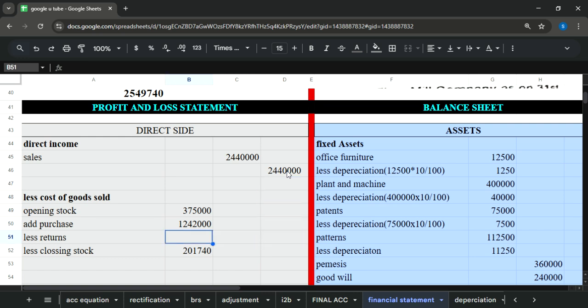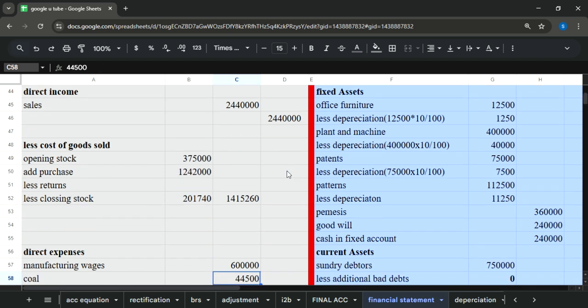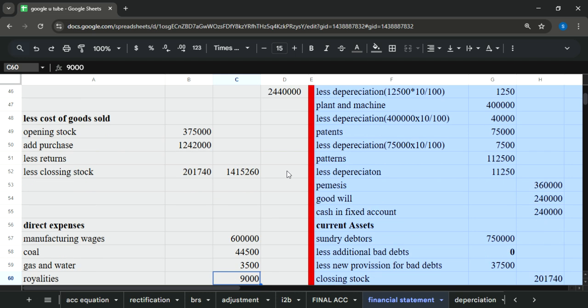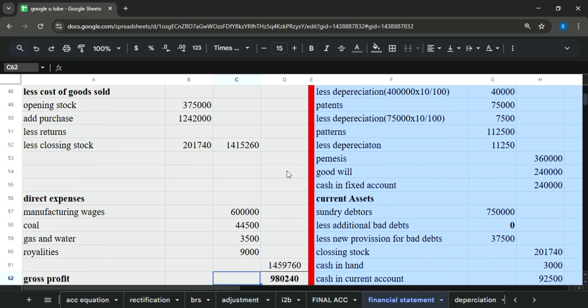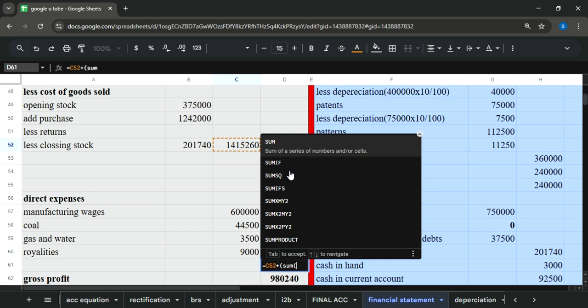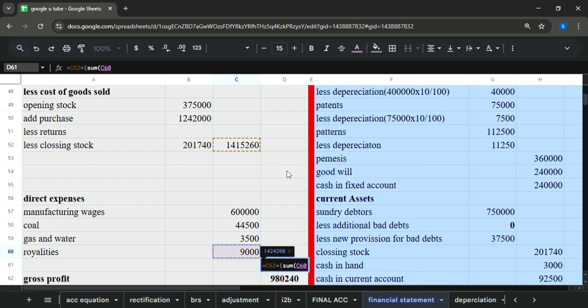sales. Now we will be calculating first part of cost of goods sold statement, opening stock plus purchases minus closing stock. First part of cost of goods sold is ready, and now we will be calculating our total cost of goods sold statement, and for that we have first part of cost of goods sold statement, then we will be adding direct in expense side.